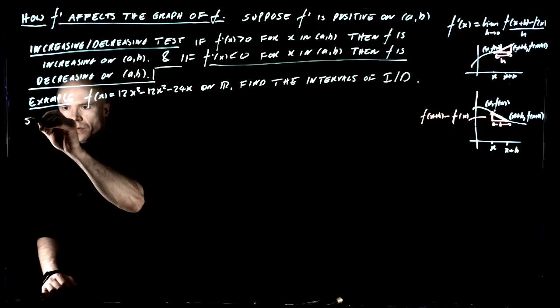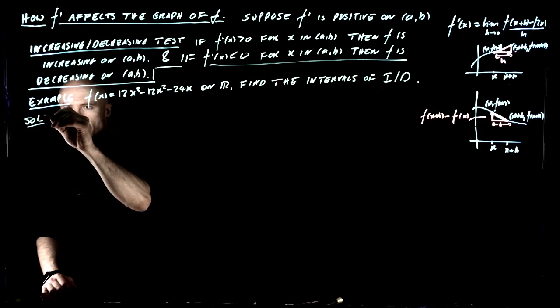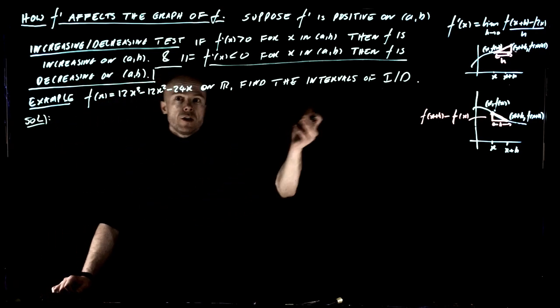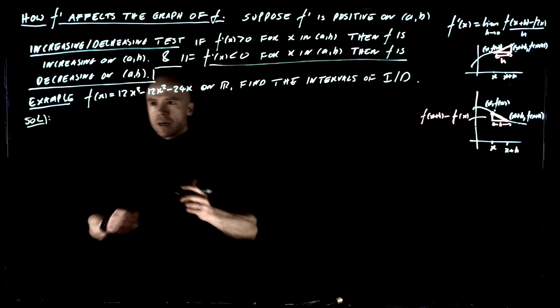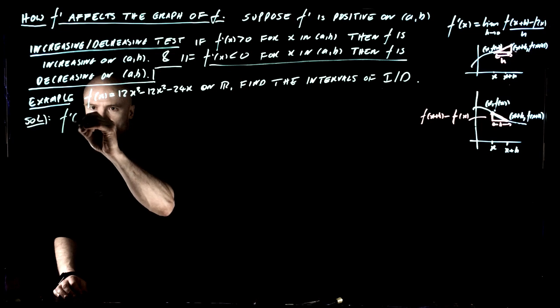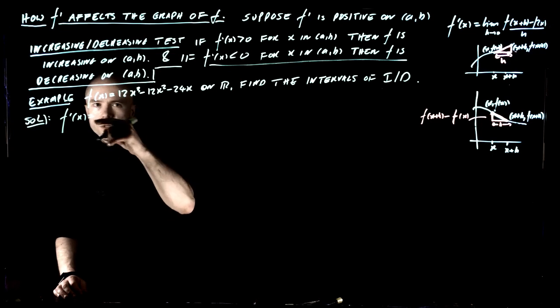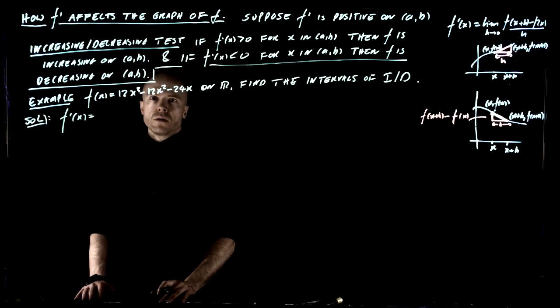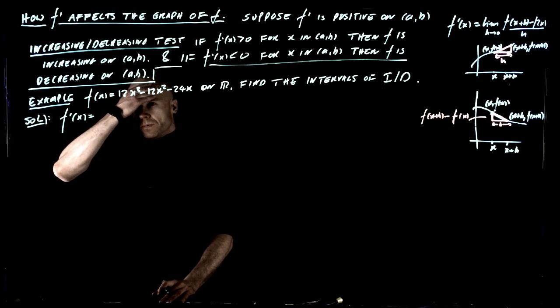Okay, solution. All right, we've just learned that we can do this by looking at the derivative. So obviously we're going to calculate the derivative. So differentiate this thing. We have 3 times 12.